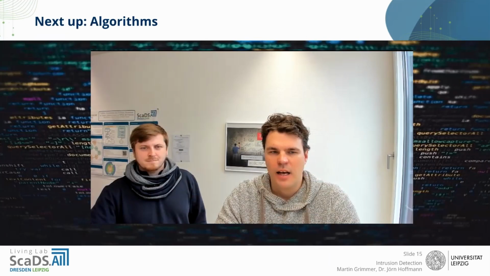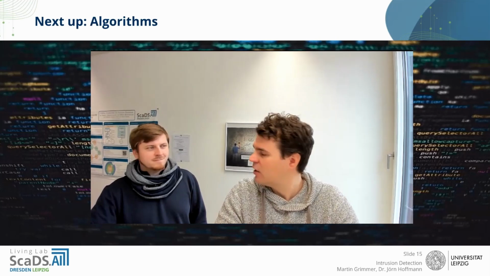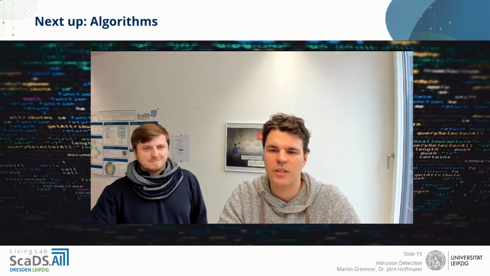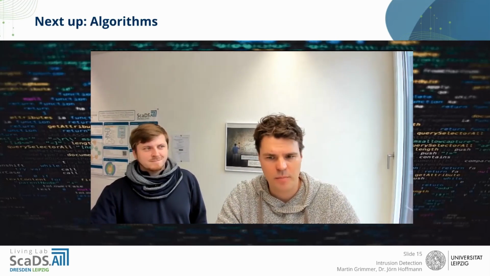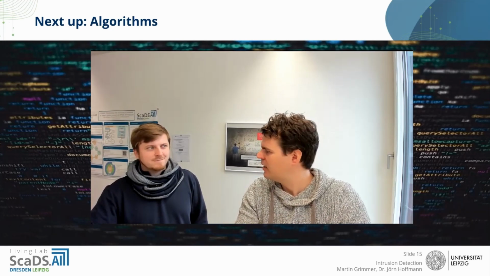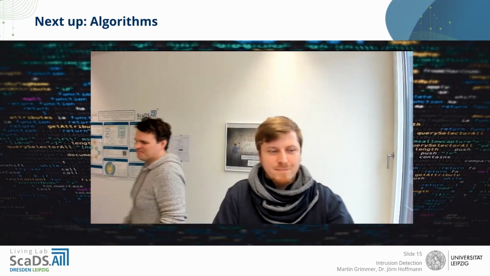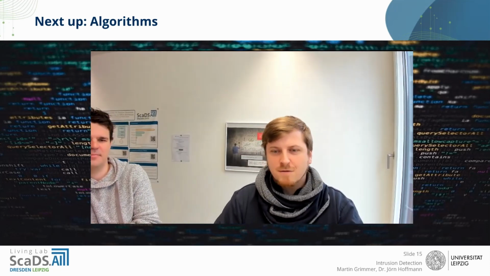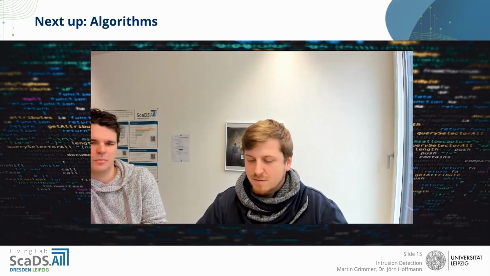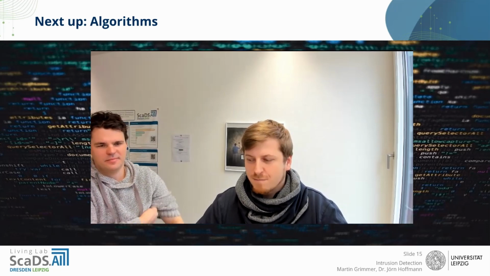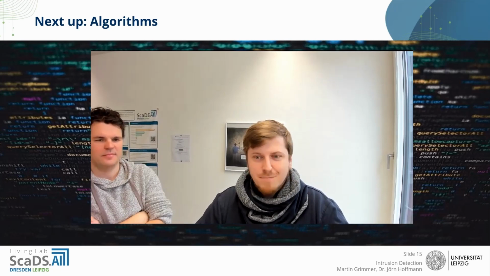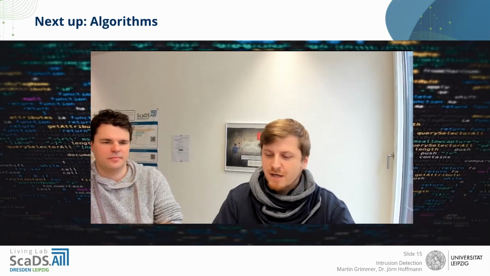Okay, how is it done? My co-host Martin will now talk about the algorithms and the data set. So Martin, thank you. Hello, my name is Martin Grimmer, and I will continue this talk here. I will introduce you to one of many possible algorithms for intrusion detection.